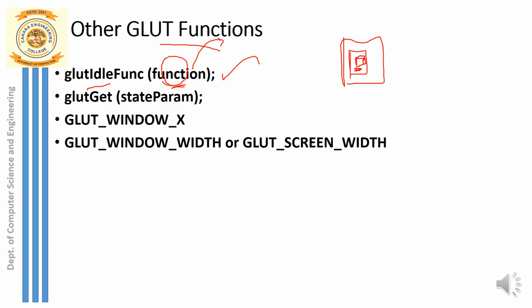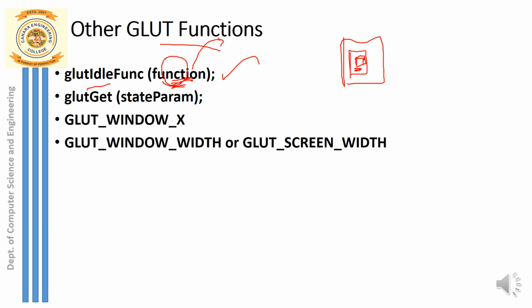This function will be continuously called while the screen is idle. What does screen idle mean? That means the user is not interacting with the screen. Until the user interacts, the screen will be idle, so the cube will be continuously rotating, because you have defined all the required parameters inside this user defined function.